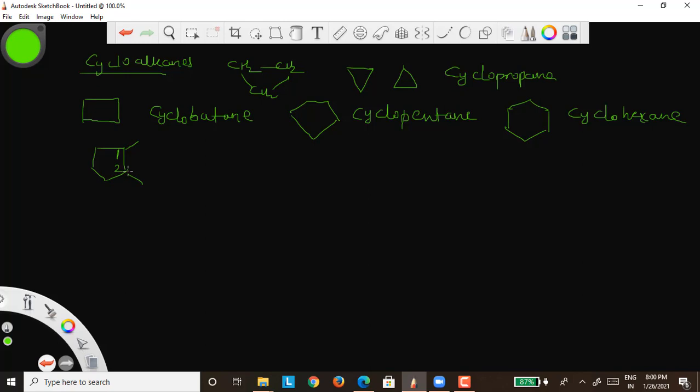So 1 and 2. Give the number to the substituents. So 1 and 2 means 1 methyl, 2 methyl. That means you write 1,2-dimethylcyclopentane.